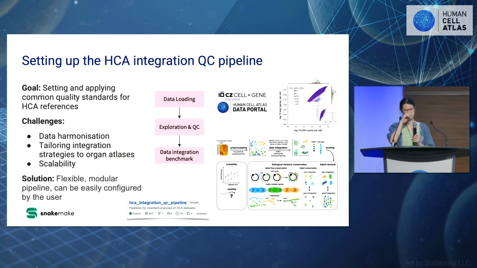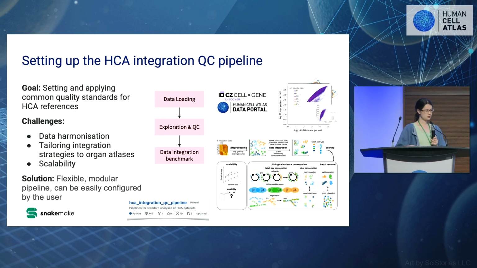The final challenge, I would say, is the scalability, because now that we want to scale to multiple millions of cells, this is not as trivial. So an end-to-end infrastructure can help this. The pipeline itself is supposed to be a fairly flexible and also modular pipeline that can be tailored to the different specifications that different organs need.